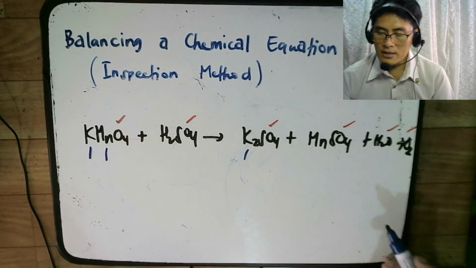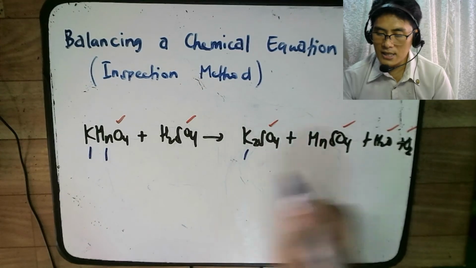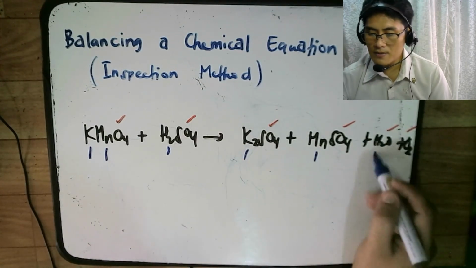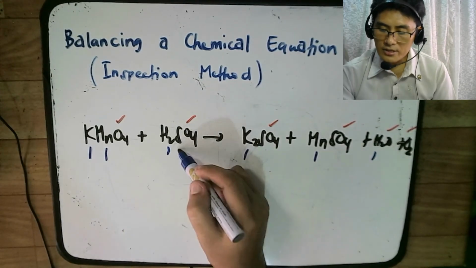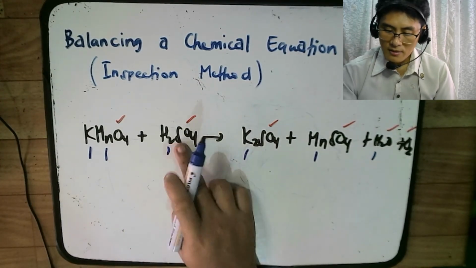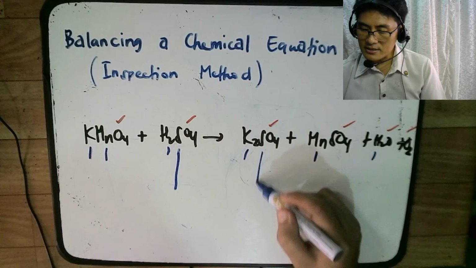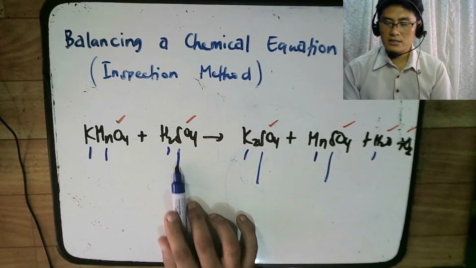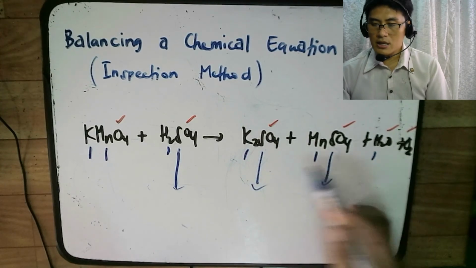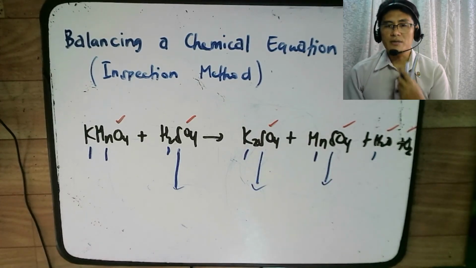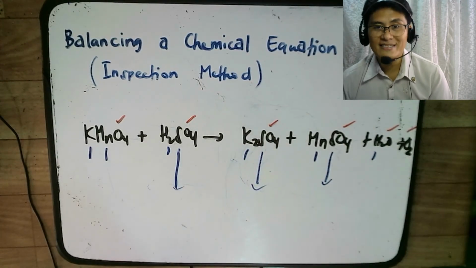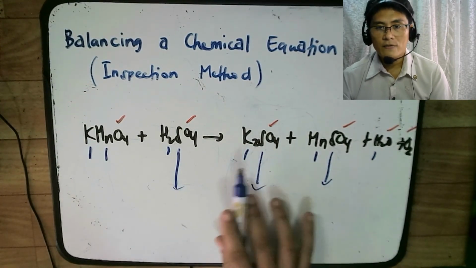Manganese is in one place in the reactant side, one place in the product side. Hydrogen is found in one place in the reactant side, one place in the product side. Sulfur is in 3 places, once in the reactant side and twice in the product side. So that's troublesome. Oxygen is found in 6 places, 2 in the reactant side and 4 in the product side.